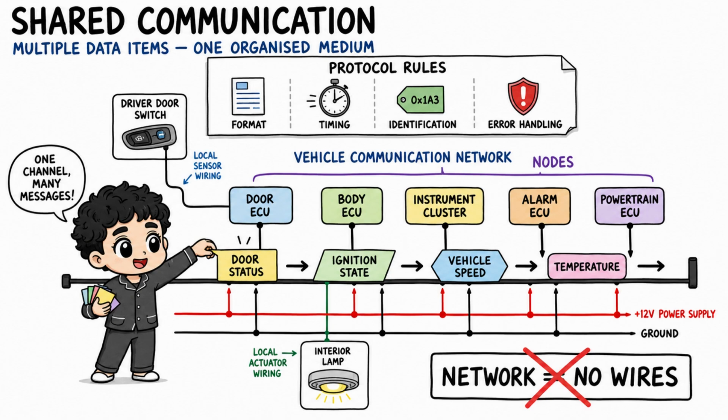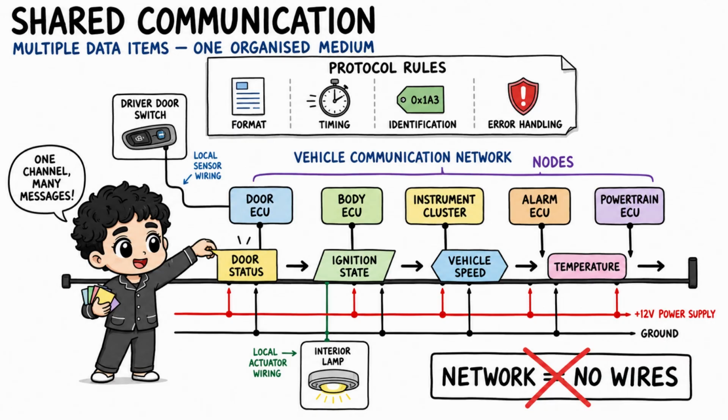The network provides the communication path, while a protocol provides the rules that every participating node must follow. Those rules can define how information is formatted, when transmission is allowed, how receivers identify relevant data, how errors are detected, and how communication begins or ends.